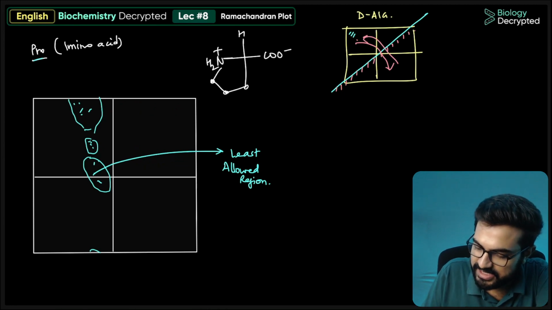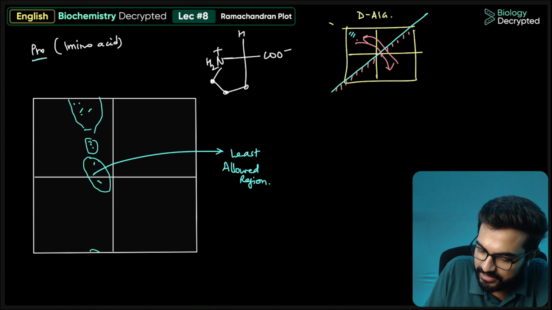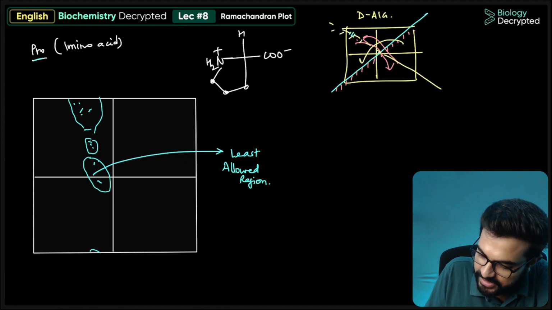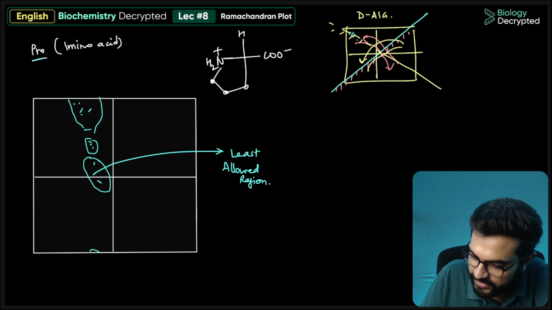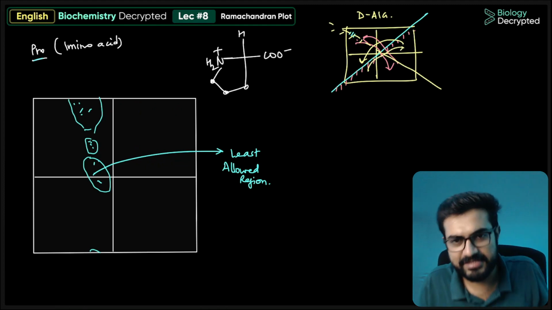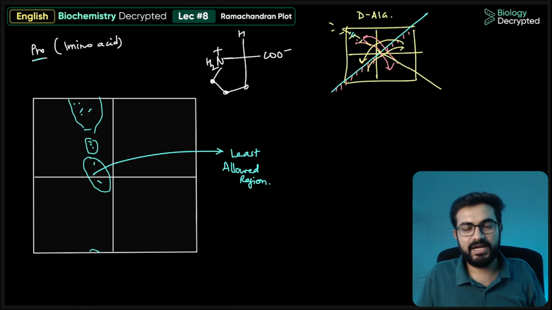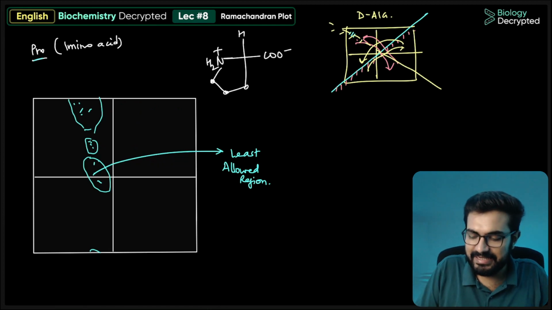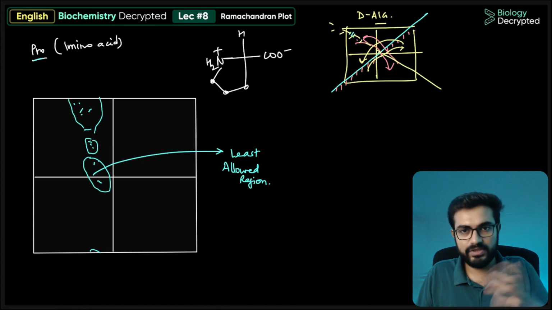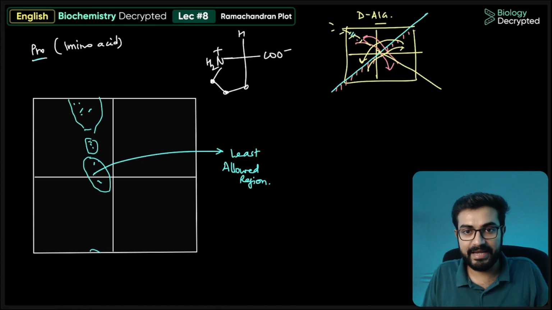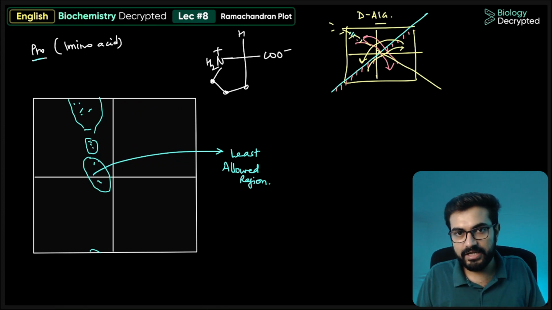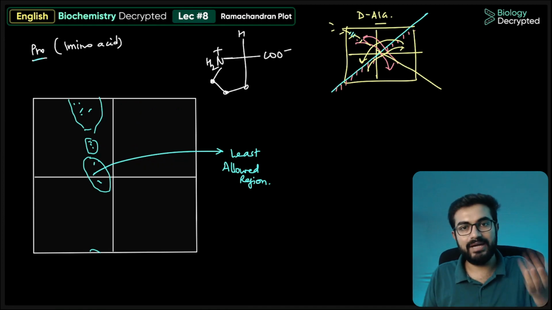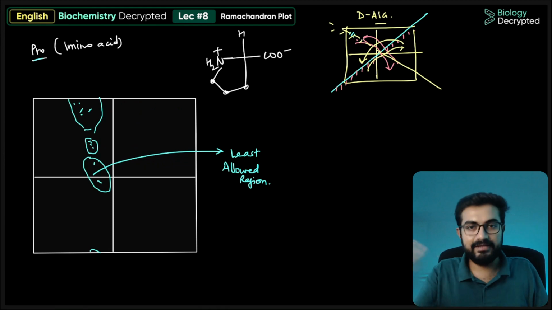Similarly, there is another mirror plane diagonally here. Whatever you have here is presented here, and whatever you have here is presented here. That is how you get the Ramachandran plot for D amino acids. Well, if it is given for L alanine, for example, you have the normal Ramachandran plot for L alanine. Now, if you want to have it for D alanine, what will you do? You will draw these mirror planes, and by drawing these mirror planes, you get the reflection diagonally.